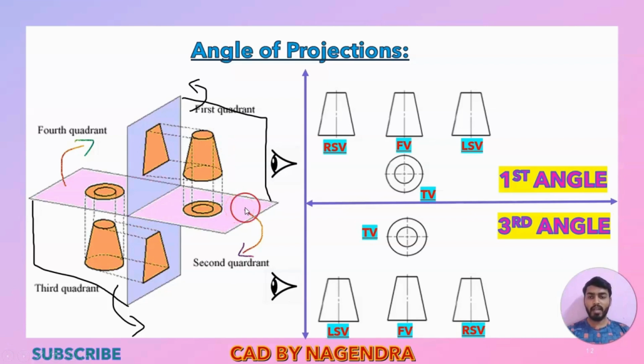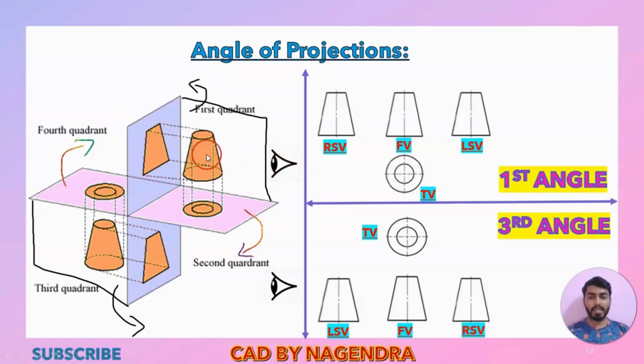Now let's enter into the first angle of projection. What is meant by first angle of projection? In first angle of projection, the object will be placed in the first quadrant. So this is the first quadrant, already we know. Here this is the 3D object. The object is placed in the first quadrant. Then we have one horizontal plane and a vertical plane, and we are able to see this object from this side.